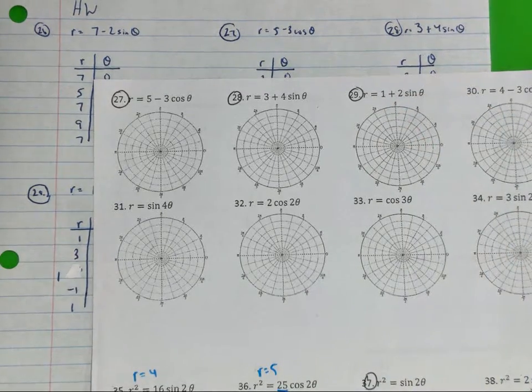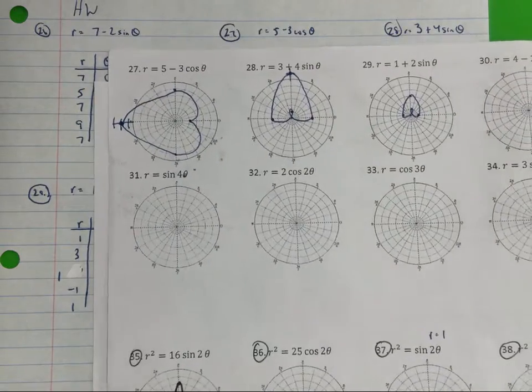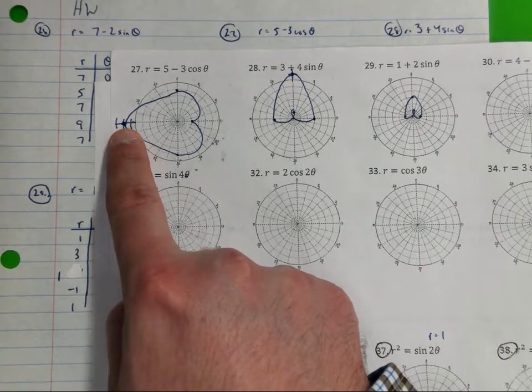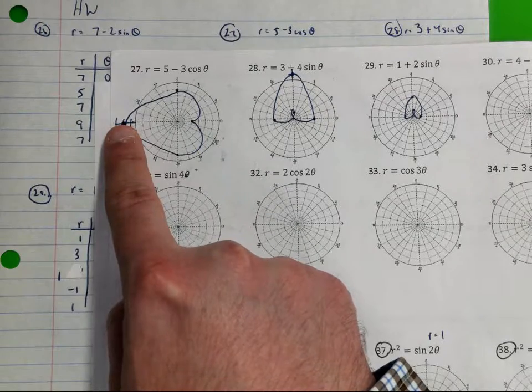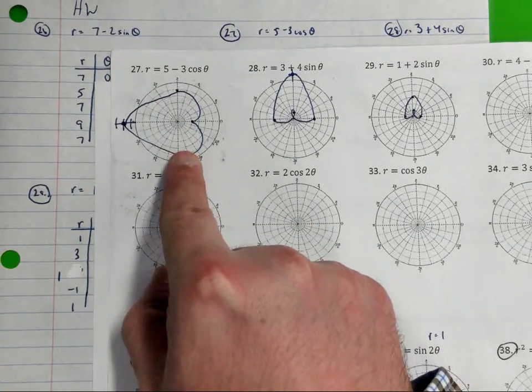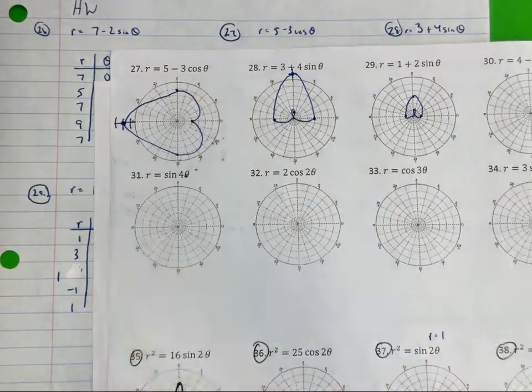So let's look at the graphs for those. On number 27, I had to extend the graph a little bit. This is furthest away from the pole, so that's not going to be my dimple. These are on the same line, so that has to be my dimple.